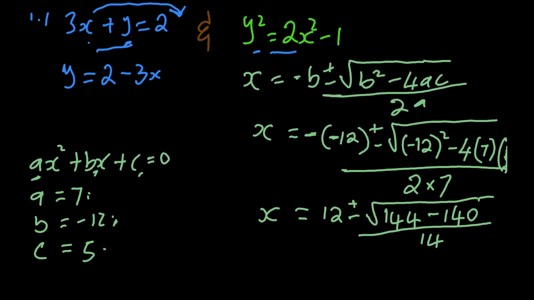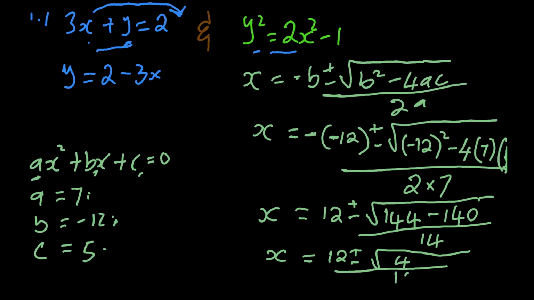So now you have x is equal to 12 plus or minus the square root of 144 minus 140. So that's 4, divided by 14 still.